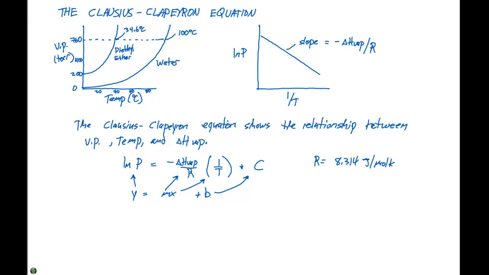This equation is more useful in something called a two-point form, where if we rearrange this and look at two points on this particular graph, we can say that the natural log of P2 divided by P1 is going to equal the delta H of vaporization divided by R times 1 over T1 minus 1 over T2.